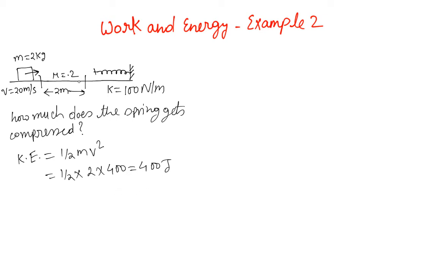And how much energy does the friction eat up? Well, we know the work done by friction is F times d, but with a minus sign, and F is the force of friction, which we know is mu N, where N is mg, because the mass is lying on a surface.